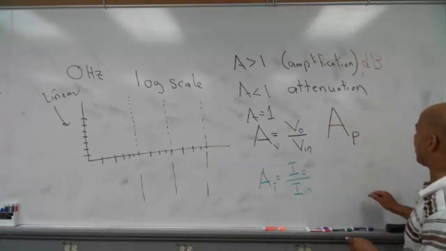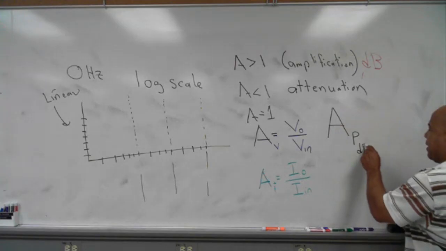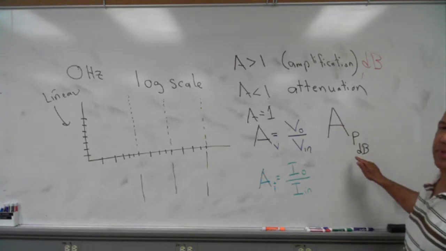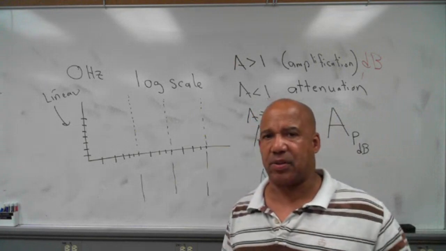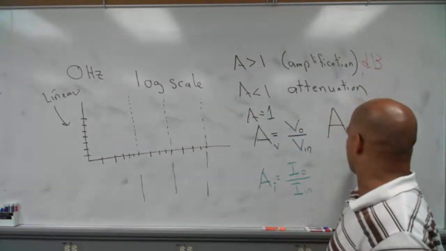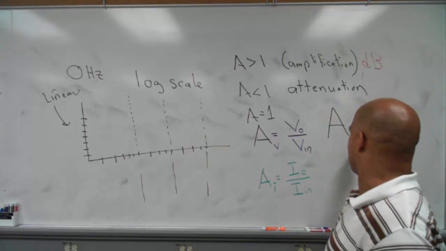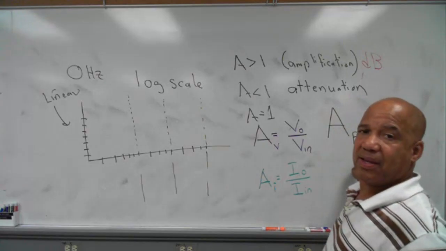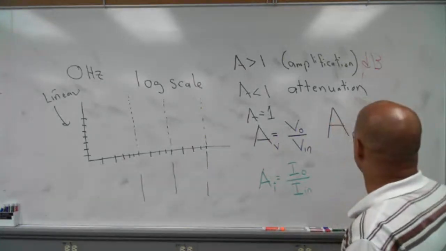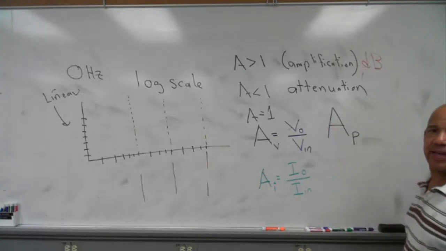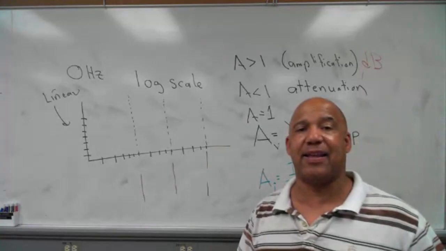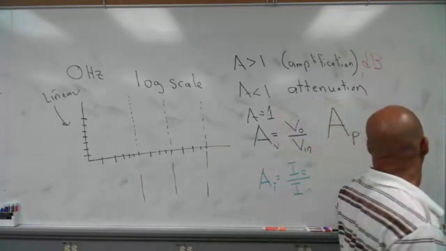But I can also have that power gain written in dB. I can subscript to subscript, which you really can't do too well on a computer. When I took this, we would subscript to subscript, and the subscript to subscript would be the dB. Since I can't do that on a computer, what some books will do is, if it's the regular power gain, they'll write it like that. If I write the power gain using the decibel unit, then they'll write it like this.